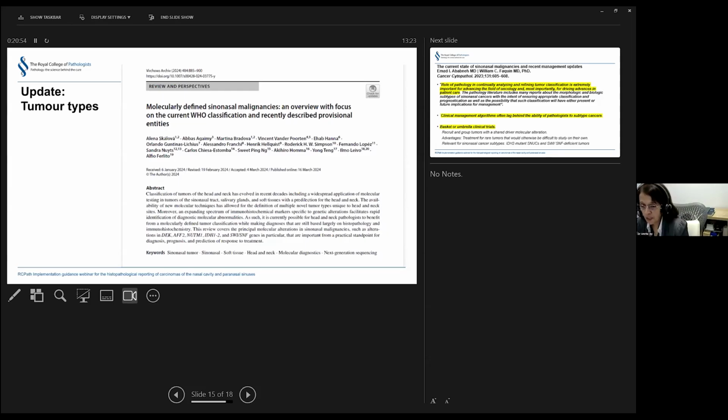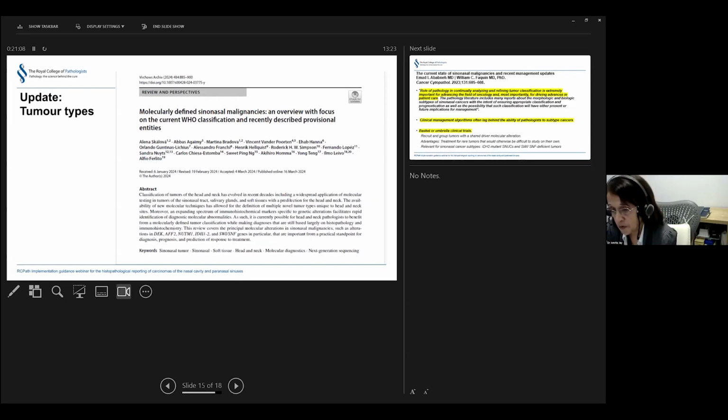So, for example, for DEK-AFF2, there is an immunohistochemical stain for AFF2, and NUT we already have, and there is an immuno for IDH2. And for SWI/SNF, you can use INI1 and BRG1. So the absence of those immunomarkers will indicate these are the SWI/SNF deficient tumors. So there is something we can use if you don't have access to genomics in future.